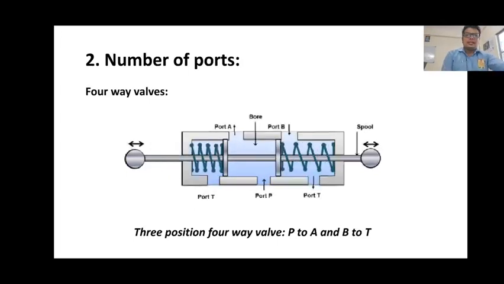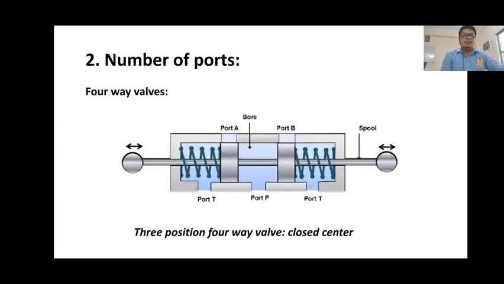The second way is when port P is connected with port A and B is connected with port T. Here port P is used for pressurization, T is the tank port, and A and B are the working ports.